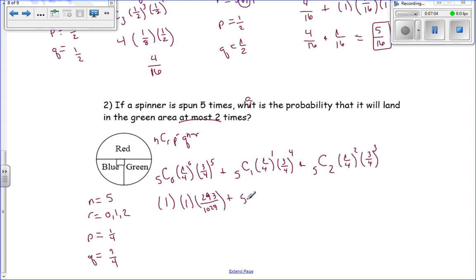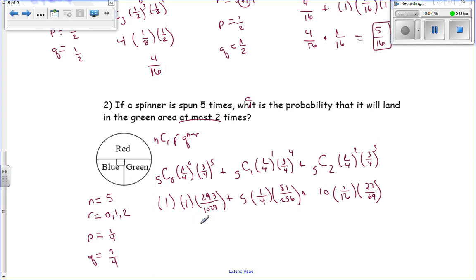Plus 5C1, which is 5. 1/4 to the first is 1/4. 3/4 to the 4th, well 3 to the 4th is 81, and 4 to the 4th is 256. Plus 5C2 is 10. 1/4 squared is 1/16. And 3/4 to the third is 27 over 64.